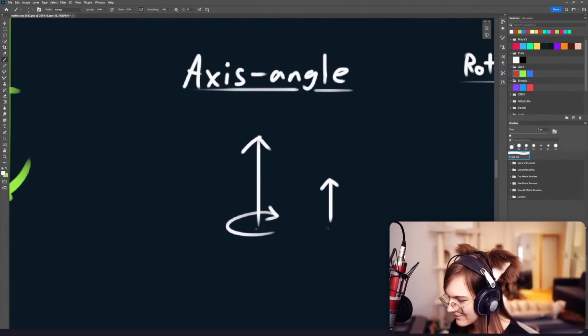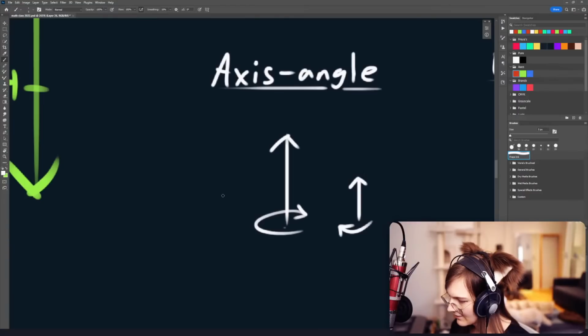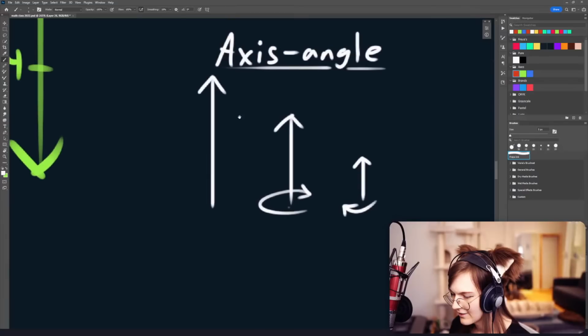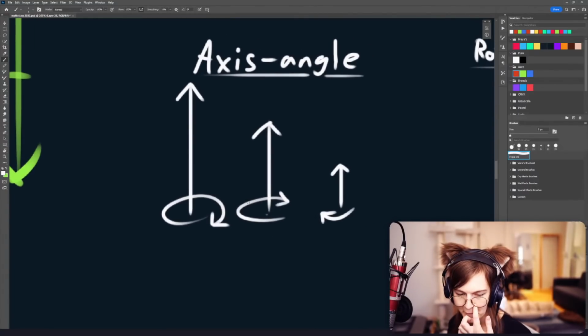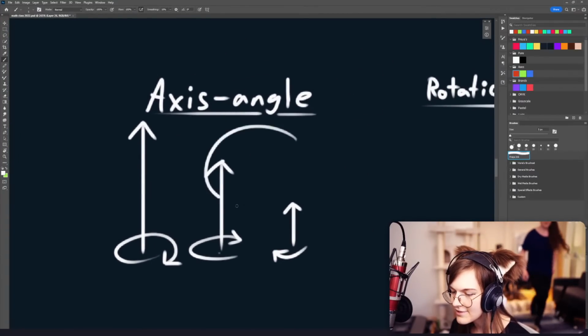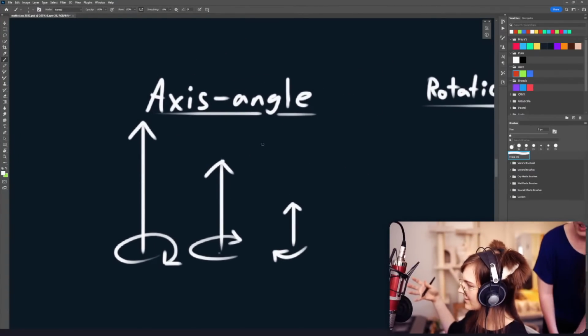I know my left-hand rule. Wait, was it the wrong direction? I don't know. Rotations are complicated. So if you have a long arrow like this, it would go further. So axis angle encodes a full orientation using only a single vector.